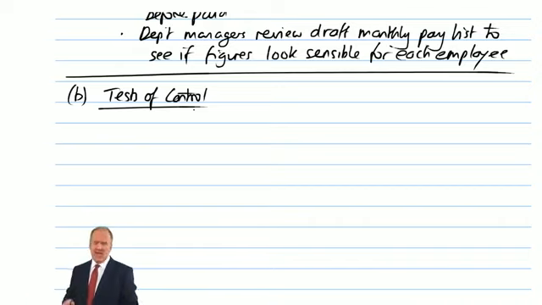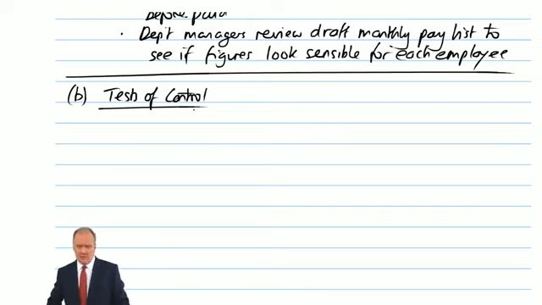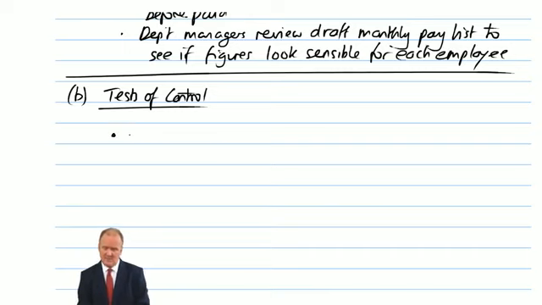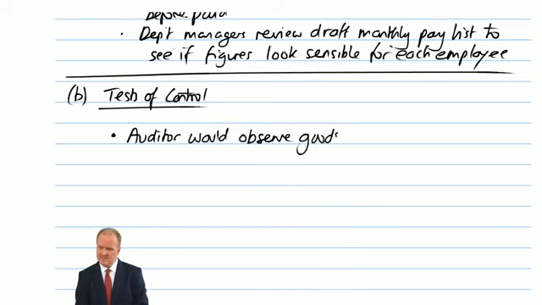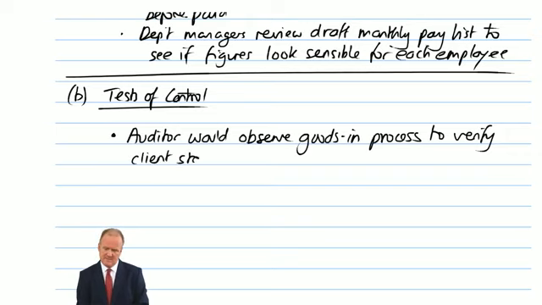As an auditor, how would I know that goods are checked for quality when they arrive? I think the auditor would observe the goods in process to verify client staff are checking quality as goods arrive.